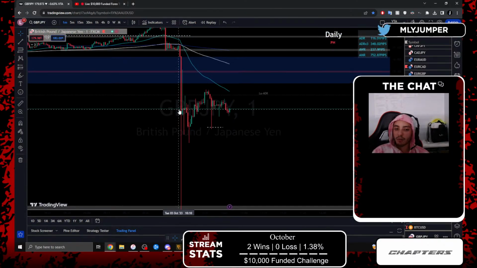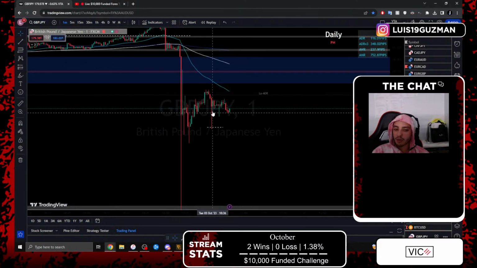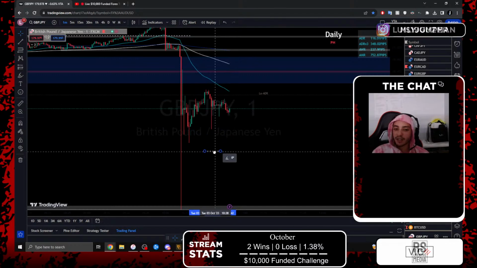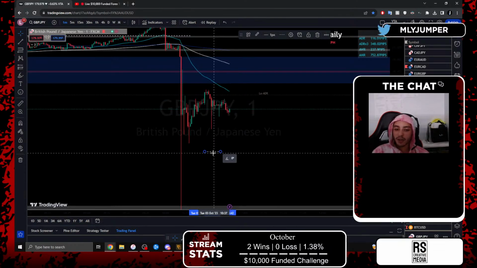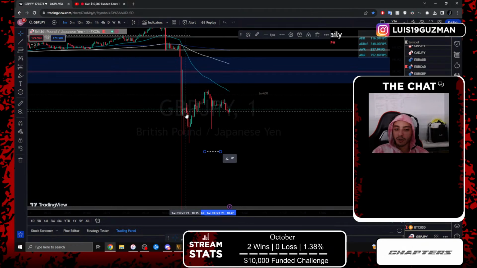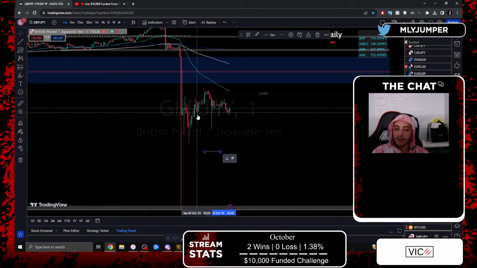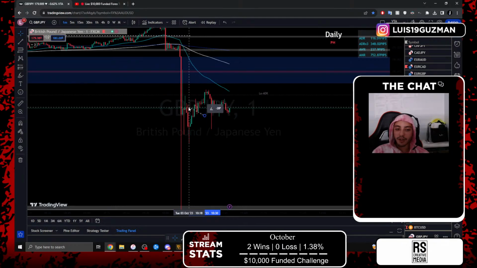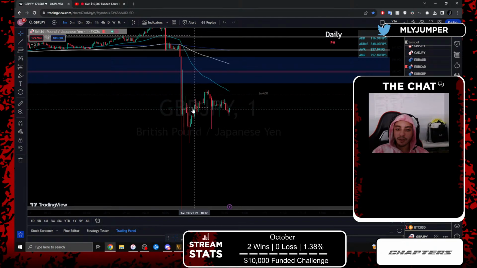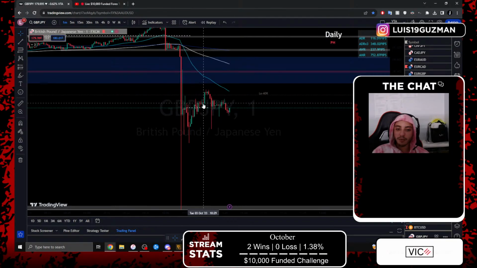I want to see where price is really moving, and that's why you follow the body of the candles. So you start seeing lower low, lower high, lower low, boom, higher high. So we had a nice change of character here, and then that change of character, boom, boom, boom, was the break.